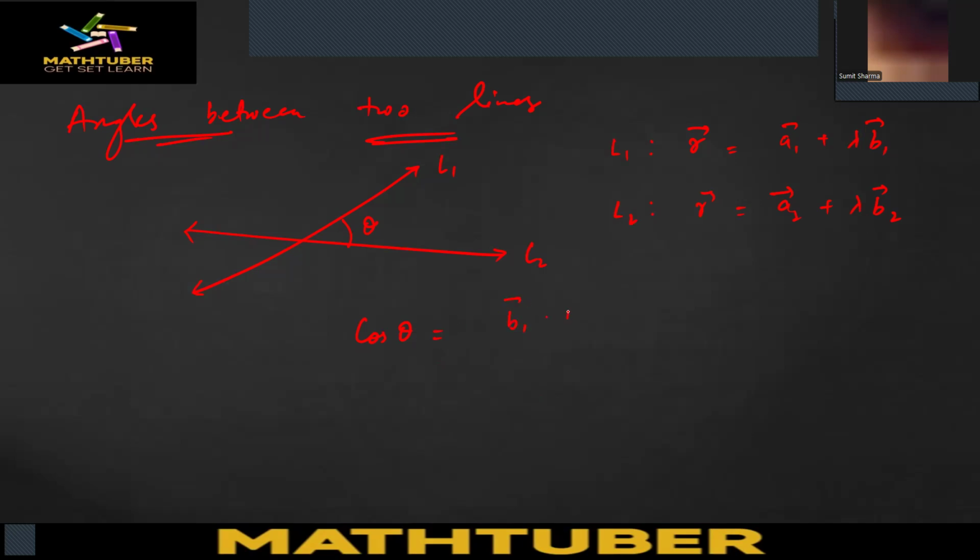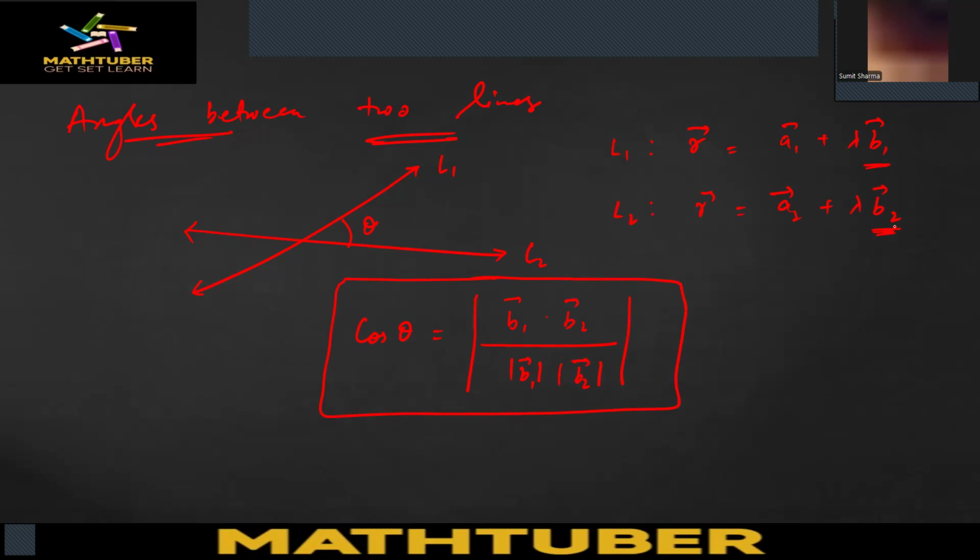So b1 vector dot b2 vector divided by magnitude of b1 vector into magnitude of b2 vector, and whole magnitude. So this is the formula if the equations are given in vector forms, right? You have to just use b1 vector and b2 vector only. There is no use of a1 and a2 vectors here, right?